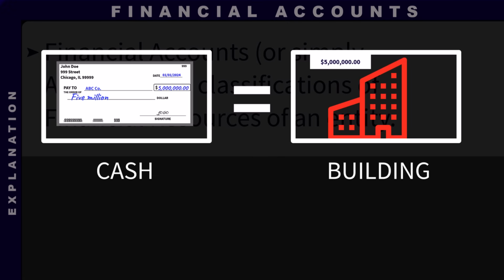That is why accounting is not only quantitative, but also qualitative in nature. In other words, in addition to presenting monetary values, classifications of financial resources also helps us to know what is behind those values. For example, how much of it is cash, how much of it is other properties, how much of it is debt, and so on.